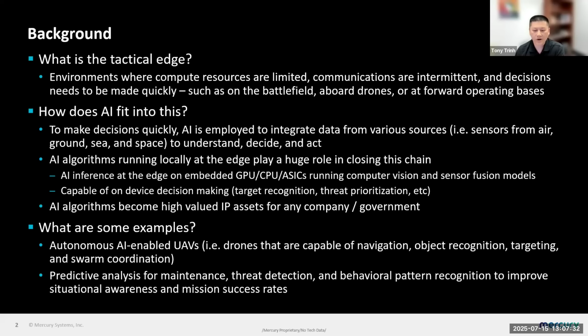So this is a very big topic for us here at Mercury, given that we do a lot of mission critical edge processing in terms of hardware and a little bit of software, but mainly hardware, and trying to make sure that we protect everything we can related to that.